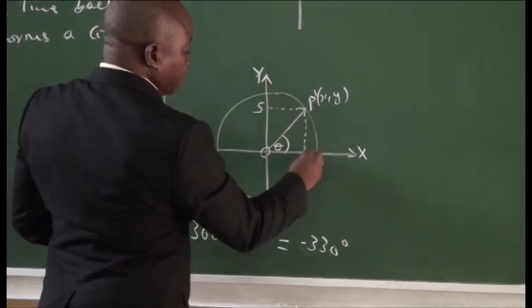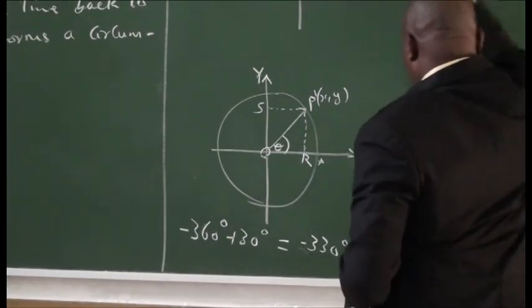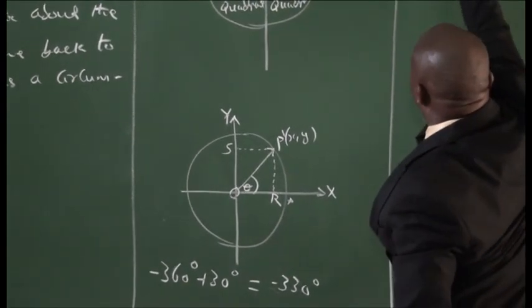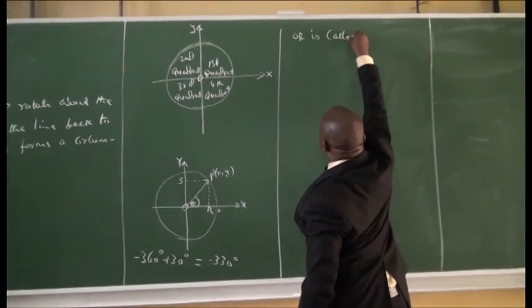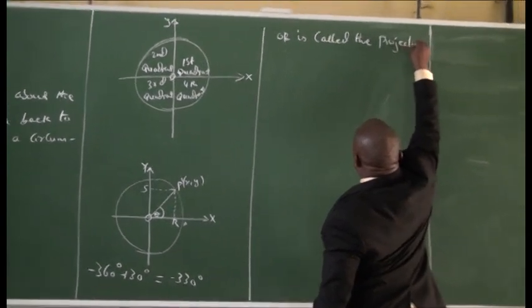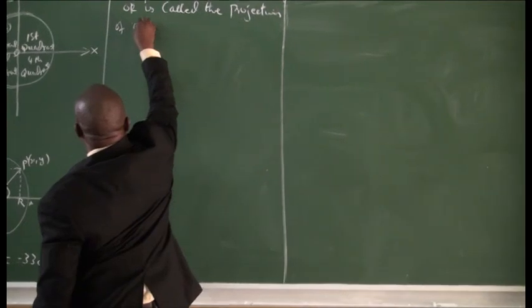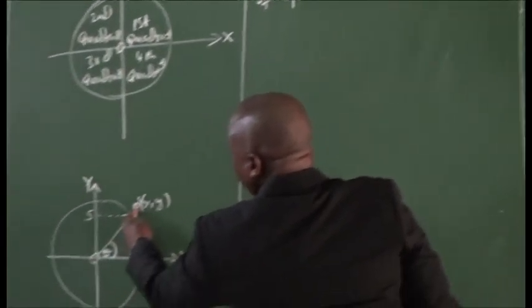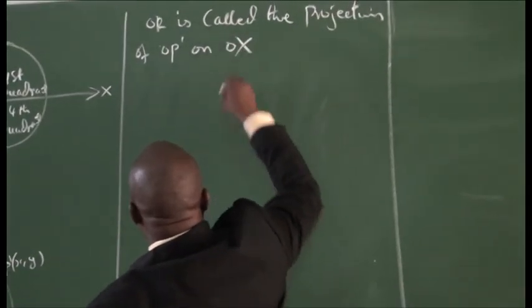Let this point be point R. Now OR is called the projection of OP prime on OX.